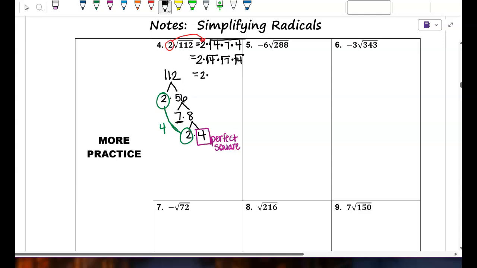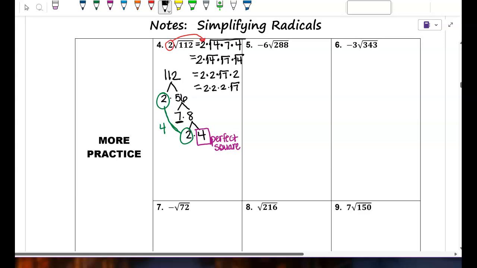So 2 times square root of 4 is 2. We can't break down the square root of 7 times 2. Even though that last 2 is after the square root of 7, it's considered as being outside of the radical. So this would really be 2 times 2 times 2 times radical 7.